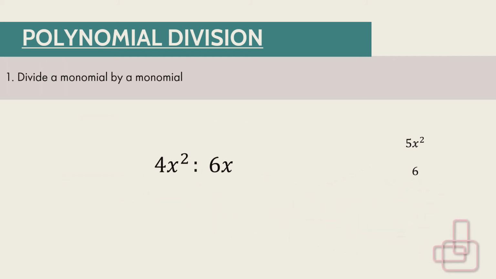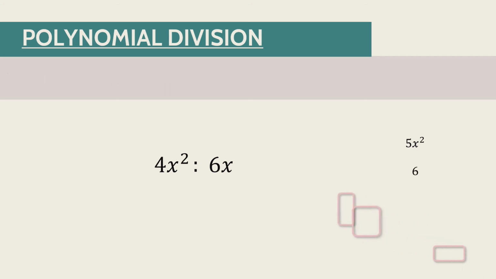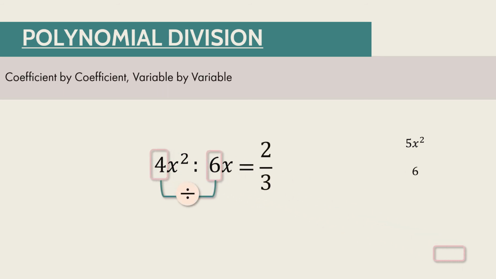Okay, so let's see how we can divide 4x squared by these monomials. First, divided by 6x. In order to divide a monomial by another, we divide the coefficients and the variable parts independently. Just like in this example, we divide 4 by 6 to get 2 over 3.